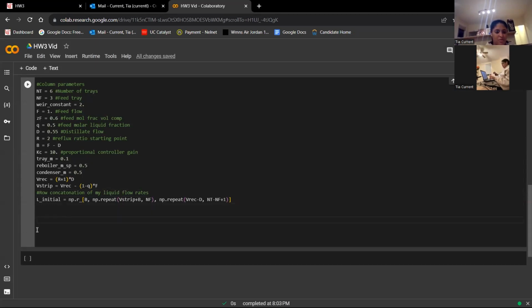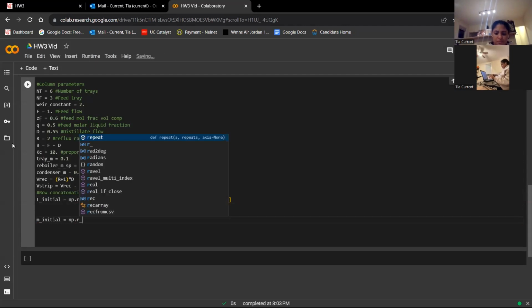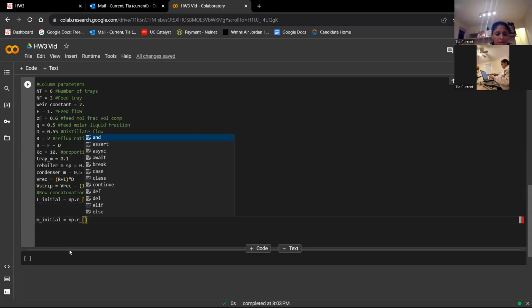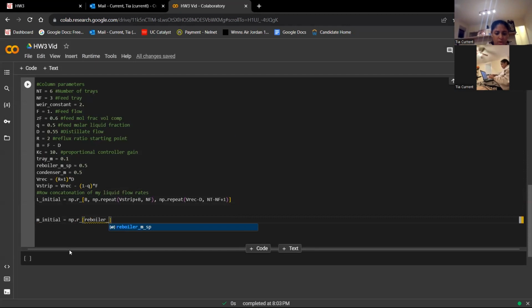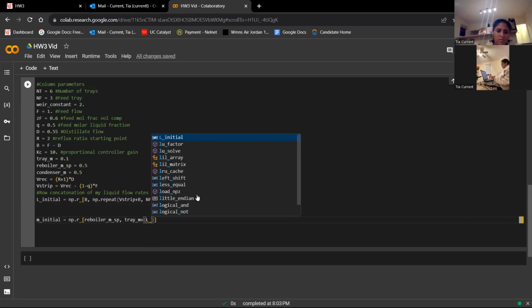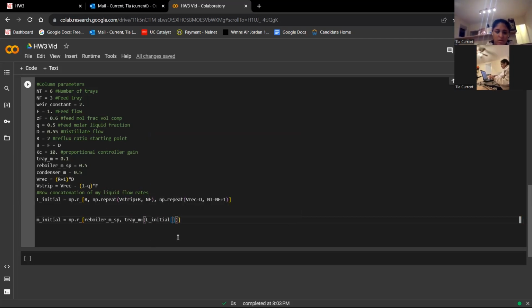Now we're going to do the M underscore, our reboiler molar hold up as P, comma, tray plus initial, and then 1 colon -1.